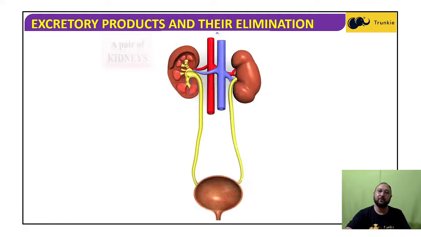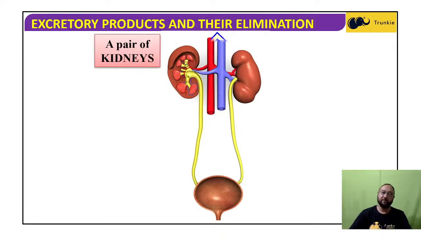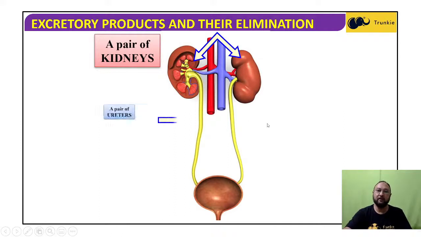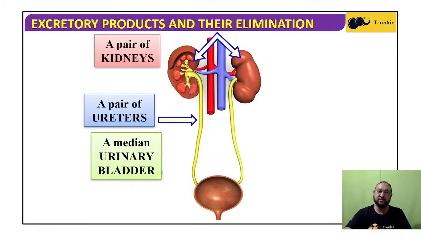Okay. Now, a pair of kidneys. What does it include? The organs or structures involved are a pair of kidneys, a pair of ureters, and then the median urinary bladder.